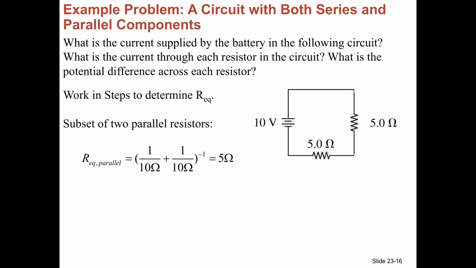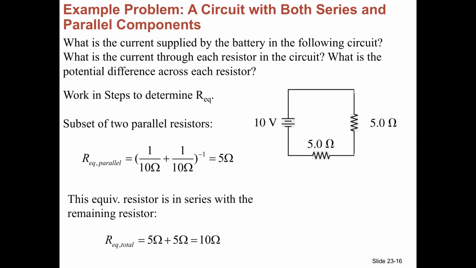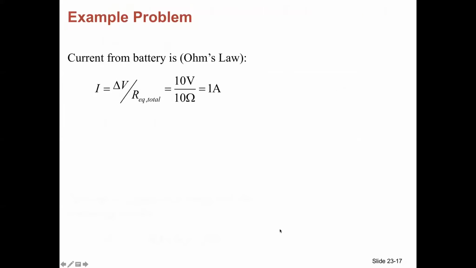And now I have two resistors in series. So I can do this whole step again to replace these two with an equivalent resistor of 5 plus 5, which is 10 ohms.